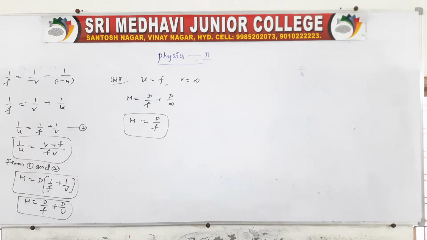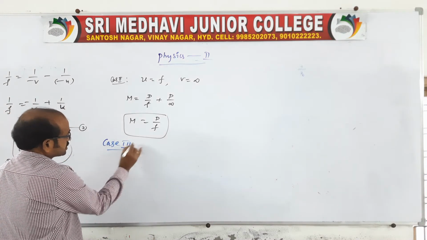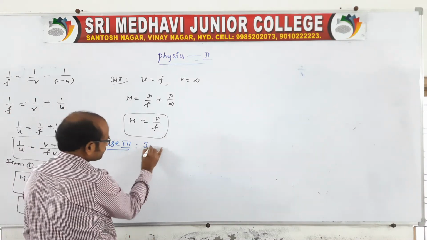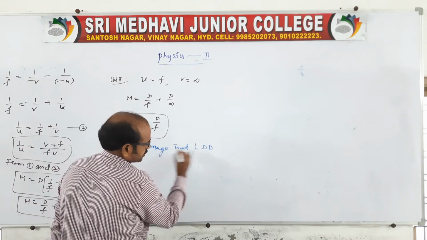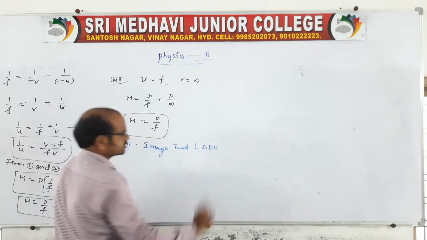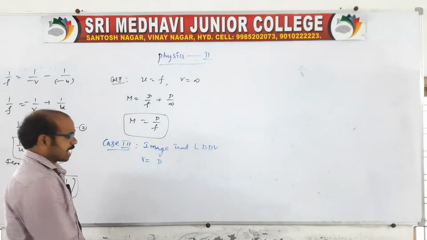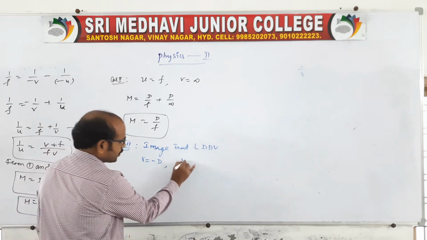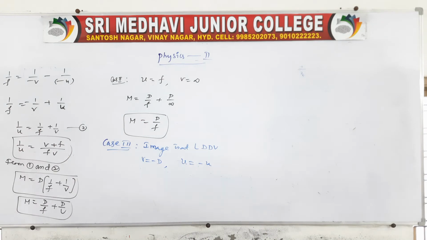So this is case 3. Suppose the image is at LDDV, the least distance of distinct vision, so that v is equal to minus d, and u you also take as minus, because both the image and object are in the same direction.